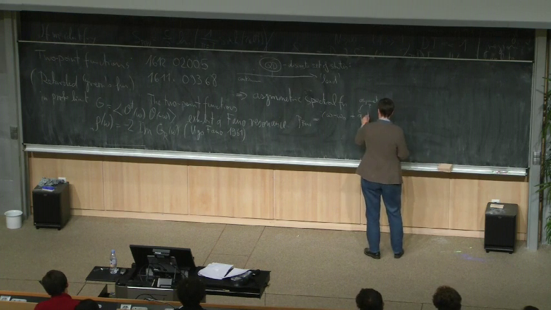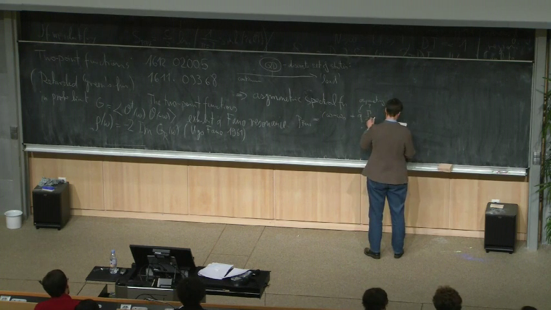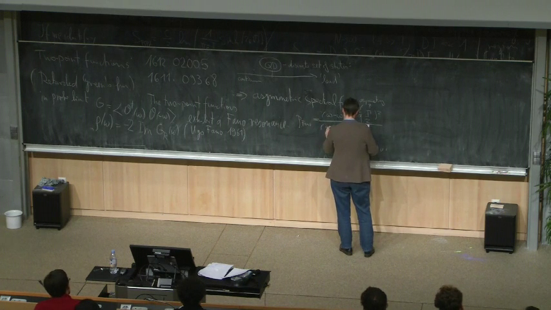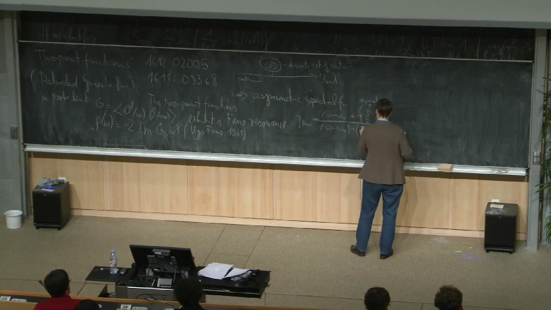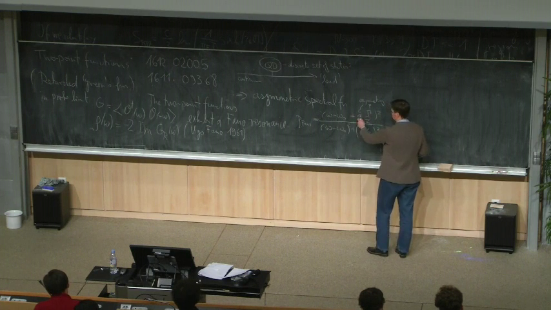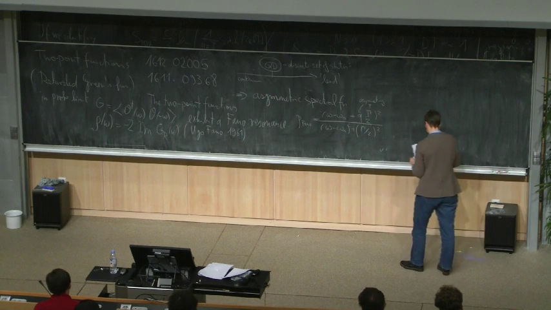And then there's the width of this resonance. In the denominator we have omega minus omega naught squared plus gamma over 2 squared. So gamma is the width, omega naught is the maximum, and Q is this asymmetry parameter.